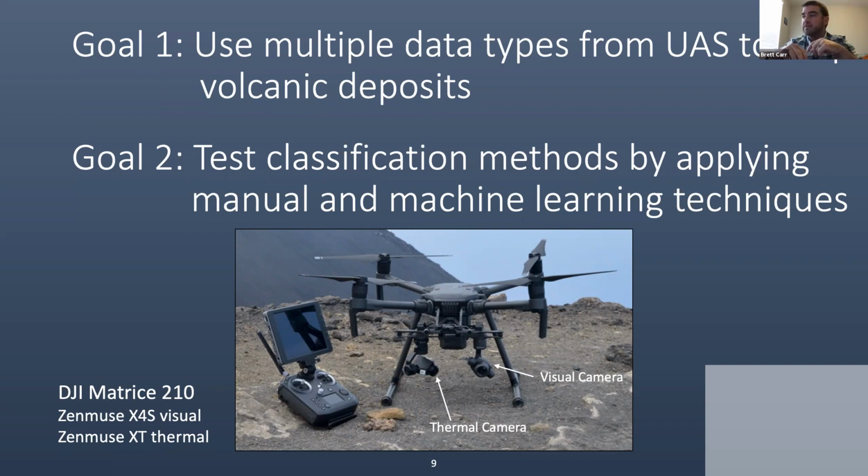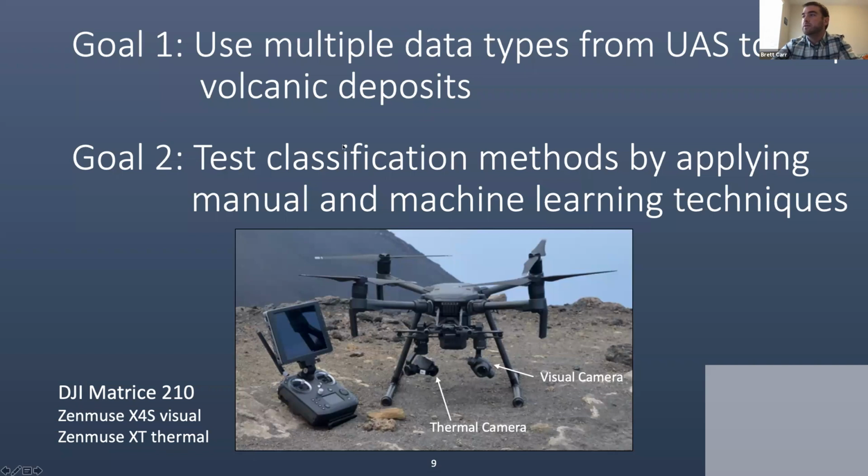Instead of some previous mapping or classification studies that looked primarily at just a visual orthophoto or just a DEM, we're looking at data collected from both a visual camera and a thermal camera, which emphasize different characteristics of the deposit.